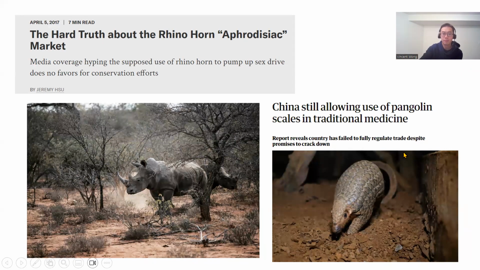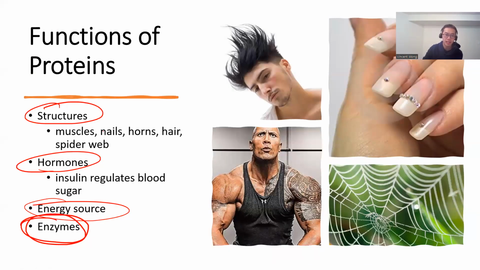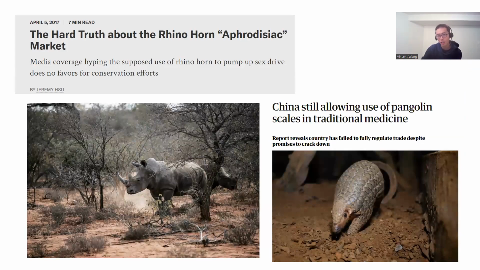However, based on what I just told you, things like nails and horns are just made of regular proteins. In fact, the kind of protein that makes up your nail is the same kind of protein that makes up the horn and the scale. Okay, so there's nothing special about these structures.